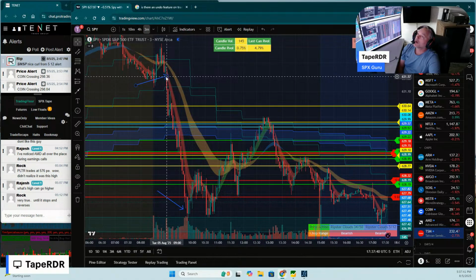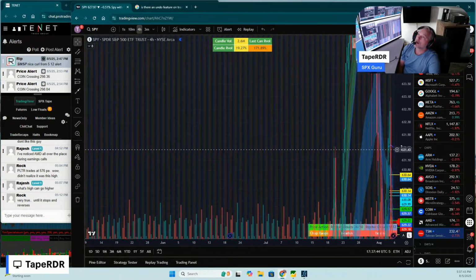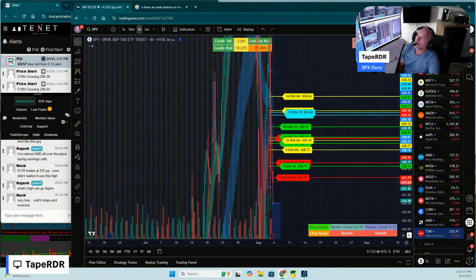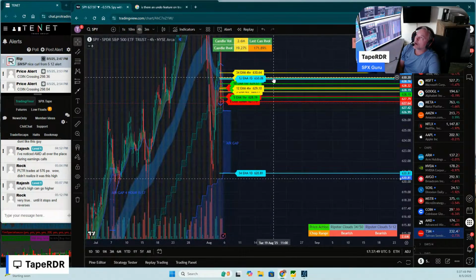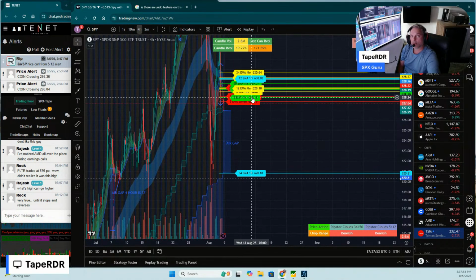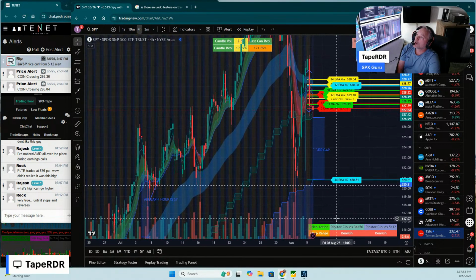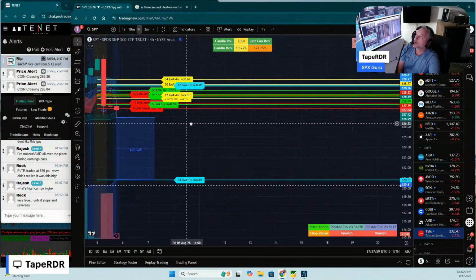We're using these EMA clouds. All of these are telling me where the beginning of the EMA cloud is and where the end of the EMA cloud is. On this 4-hour, I'm going to stretch it out as much as I possibly can.